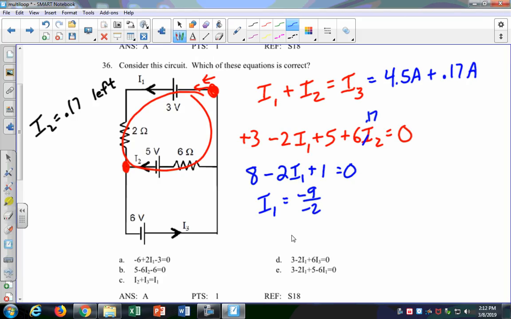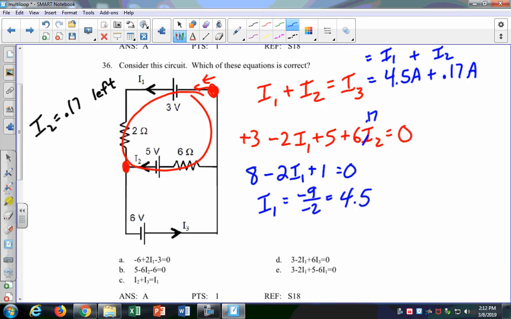I1 was equal to 4.5. And so up here, this is I1 plus I2. I2 is given to you, and I1 I found to be 4.5.